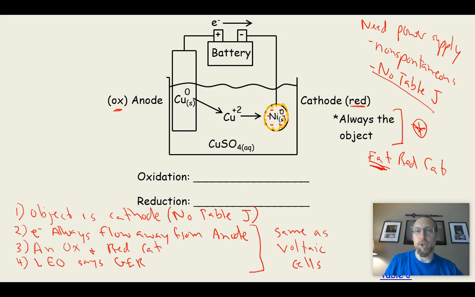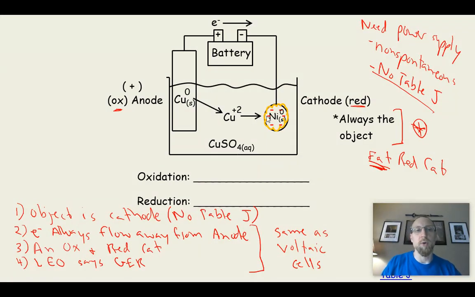So that's how we coat that coin with copper. When the copper ions get reduced, they pick up those electrons and deposit themselves on the coin. So fat red cat, right? The cathode's getting bigger because we're depositing those ions from the anode on that object. It's that simple.